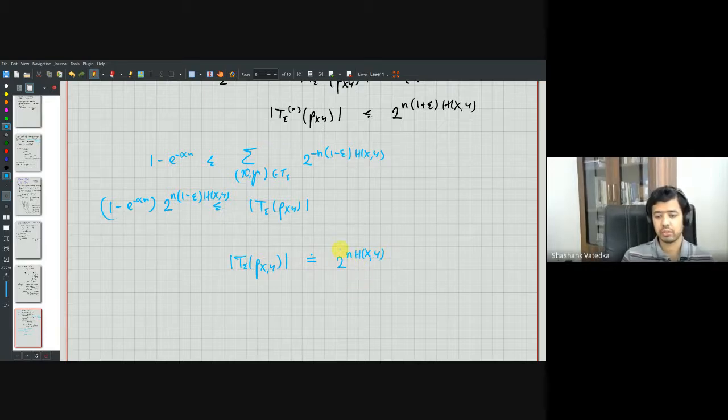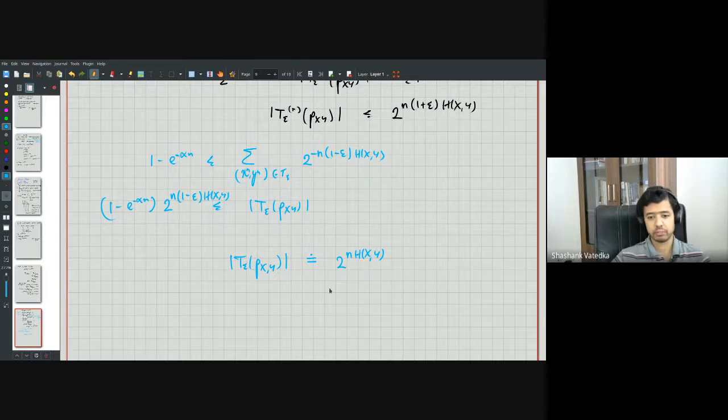So the leading term in the exponent is 2 to the n times H of x comma y. So ignoring all the non-leading terms, this is approximately equal to 2 to the n times H of x comma y. So this is just notation which is sometimes used in the textbook. All right.